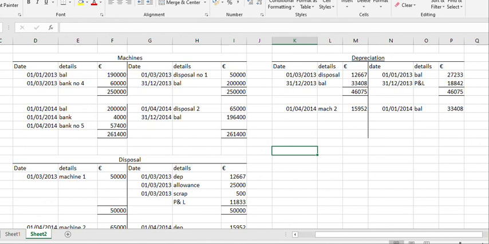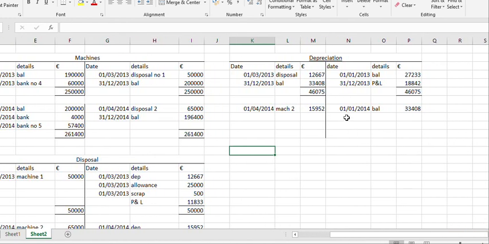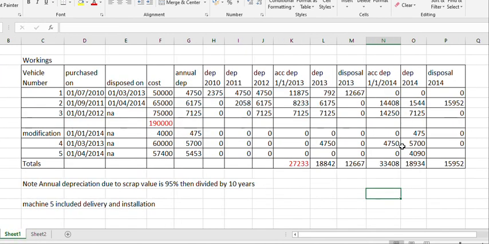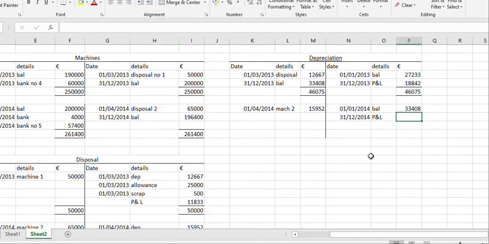Then finally, over to our depreciation account. Again, for 2014, so the 31st of the 12th, 2014, we would have the year's depreciation, profit and loss depreciation. So if we go to our workings, in 2014 we had 18,934. There's a depreciation for 2014. So again, add up both sides.